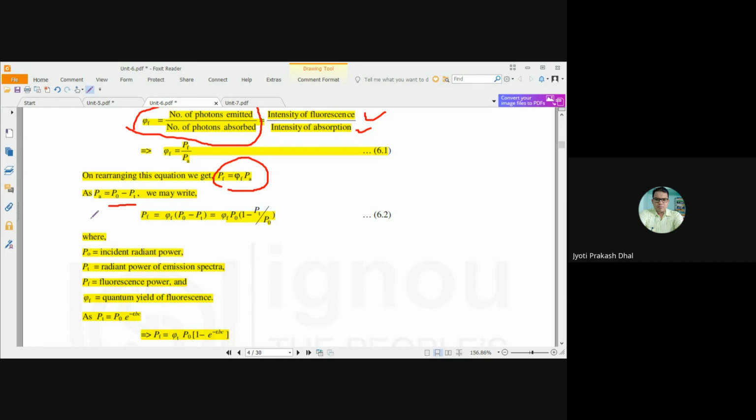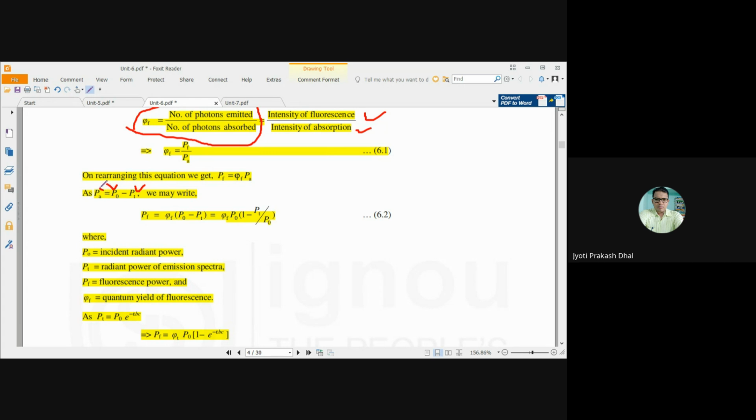because PA is the intensity of absorption, P naught is the intensity of the radiant power, and PT is the radiant power of the emission spectra. So this is the initial intensity of the incident radiation, and this is the intensity of the radiant power transmitted.